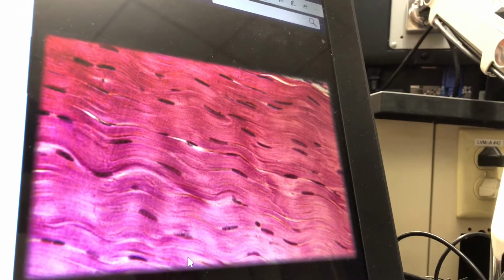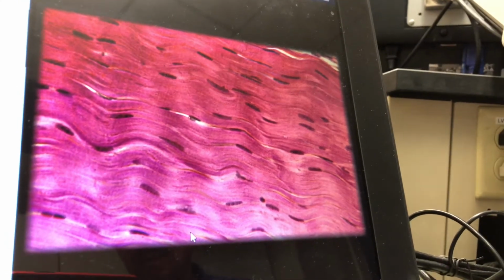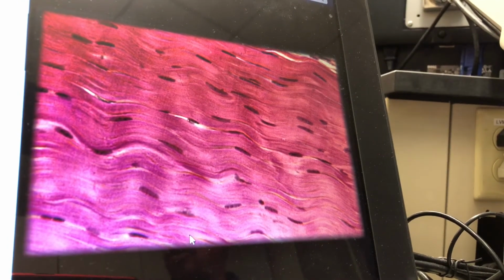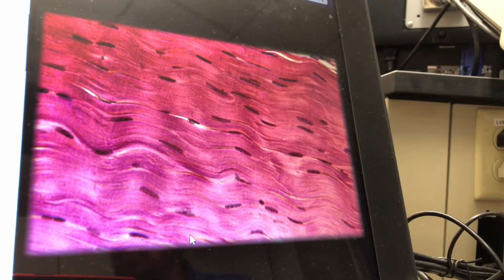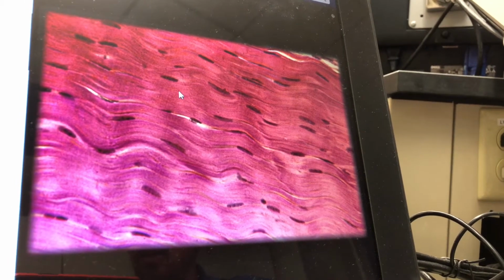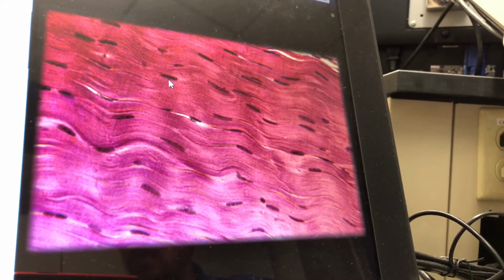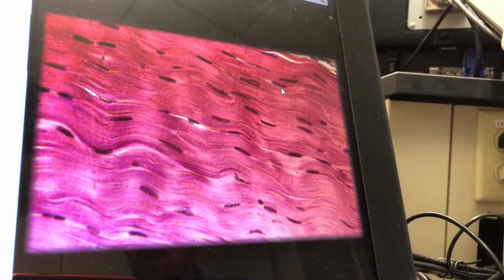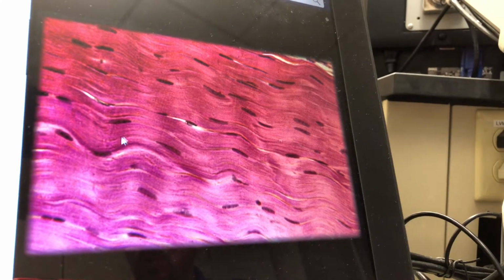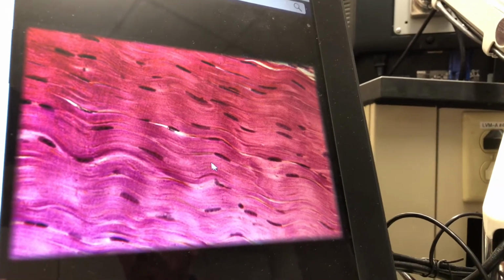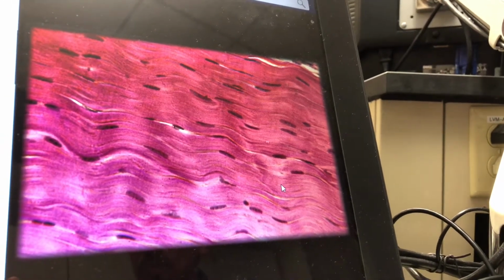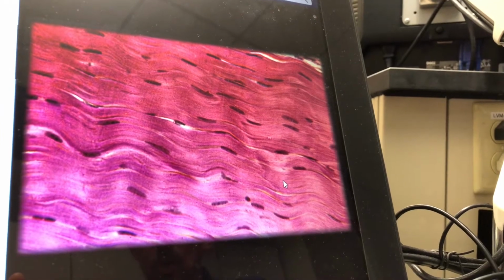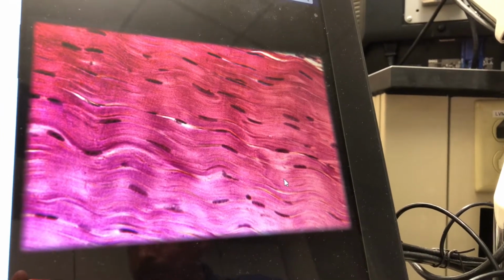And then what we see here, the term fibroblast or fibrocytes, those are the cells that help contribute to this tissue. And here is a fibroblast or a fibrocyte right here. So when you are looking at dense connective tissue, again, look for the very wavy collagen fibers. That's a very good indication that you're on the right path to identifying it.